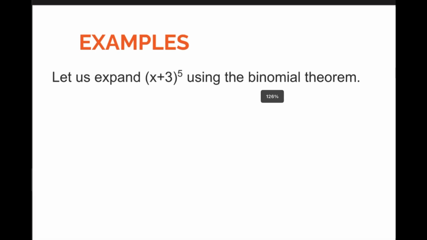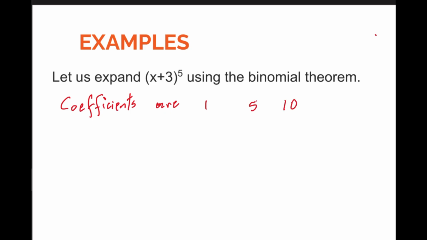using the binomial theorem. But we notice already that your coefficients, we worked it out in multiple ways, so the coefficients are 1, and then 5, and then 10, and then 10, and 5, and 1.